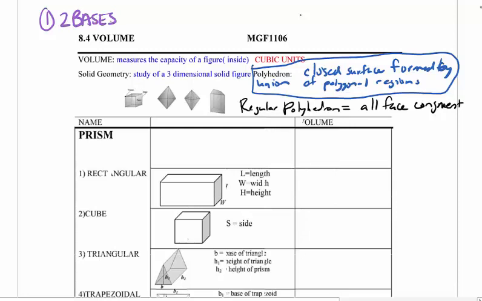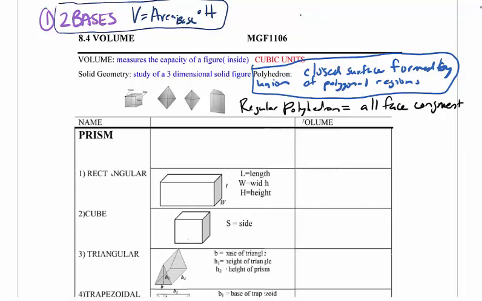So if you think about, again, a cube or a rectangular box, they have a top and a bottom. If my formula is that, my volume will be the area of the base times the height. So if I have 2 bases, which you'll understand in a second once we look at the drawings, what I mean by that. My second case is if I have 1 base.